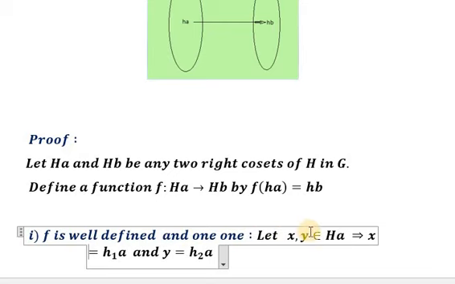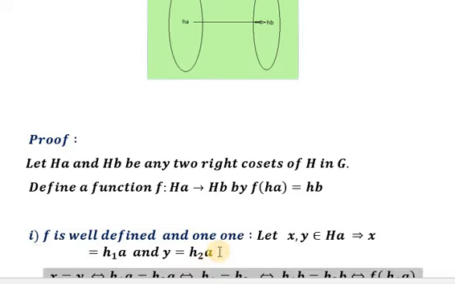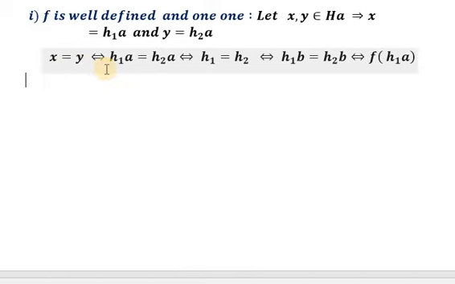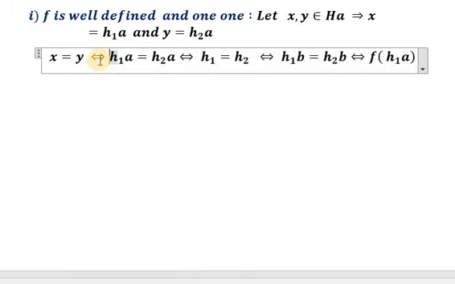Let x, y belong to Ha, which implies x is equal to h1a and y is equal to h2a. x is equal to y implies that h1a is equal to h2a, which implies h1 is equal to h2, as a gets cancelled here.